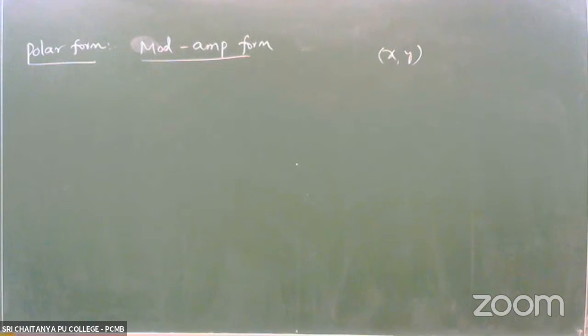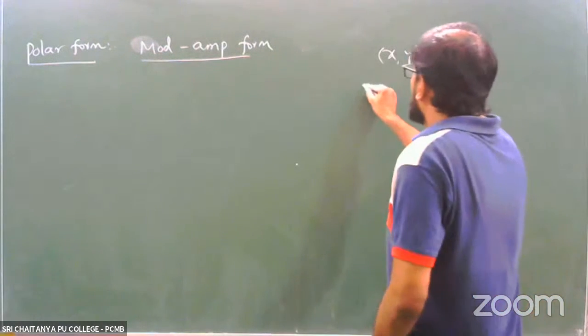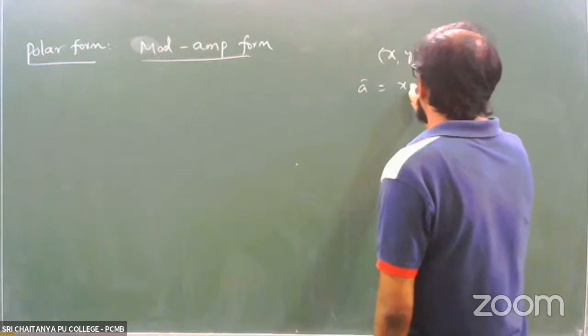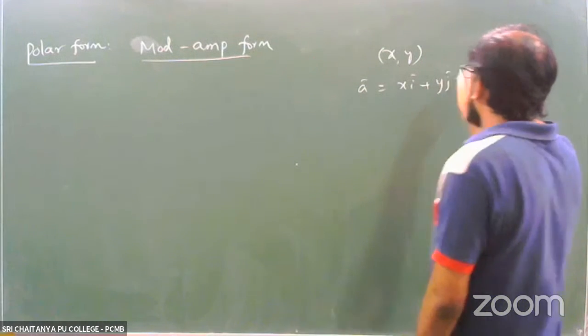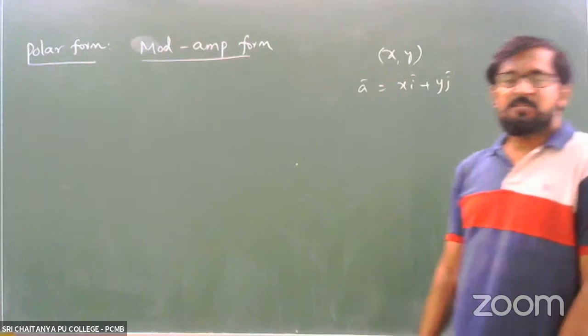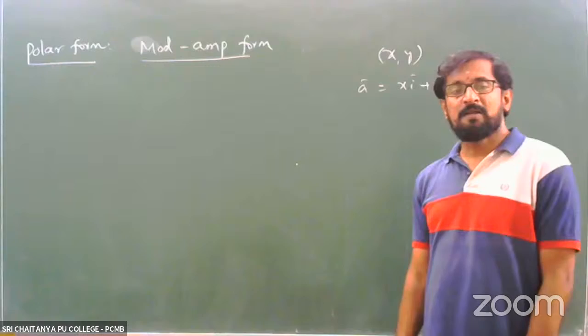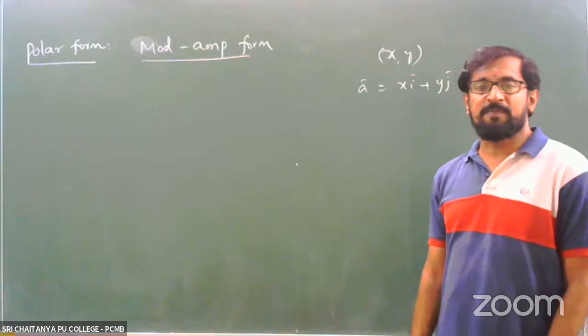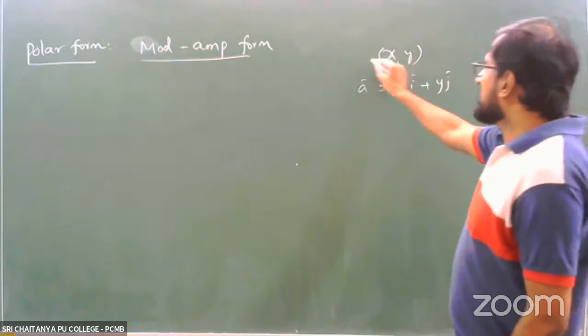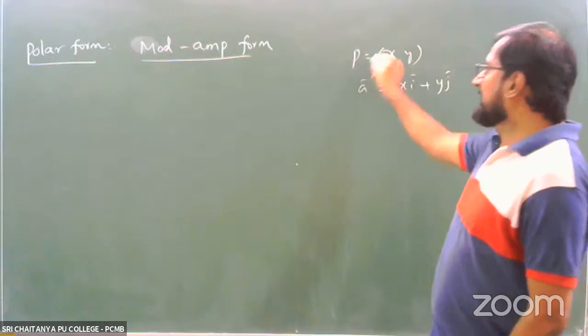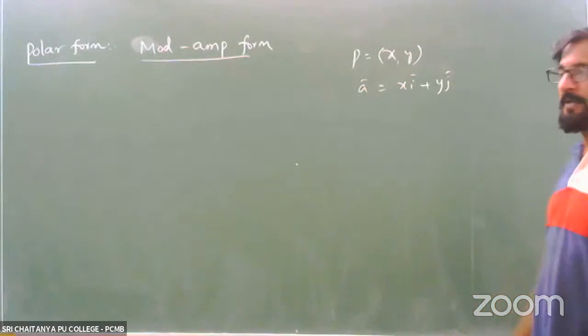This same point can be written as a bar is equal to xi bar plus yj bar. If I represent this by using x comma i bar comma j bar, then it becomes vectorial form of a point. This is called the Cartesian form of a point.